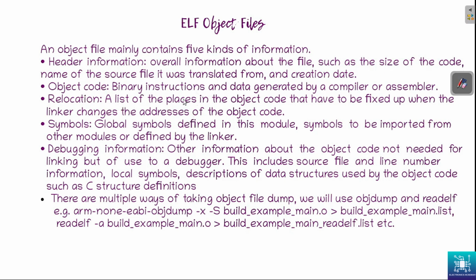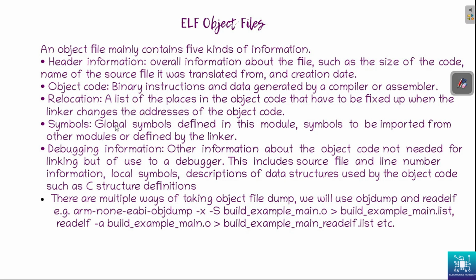Then relocation: it's a list of places in the object code that have to be fixed up when the linker changes the addresses of the object code. So you have the object code, the binary instructions, and then you have a relocation section which gives the linker information about the symbols that have no addresses assigned to them. Those addresses will need fix up. So that is the relocation section.